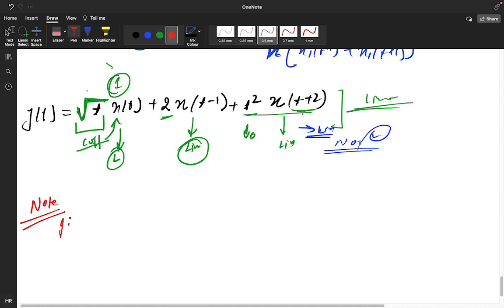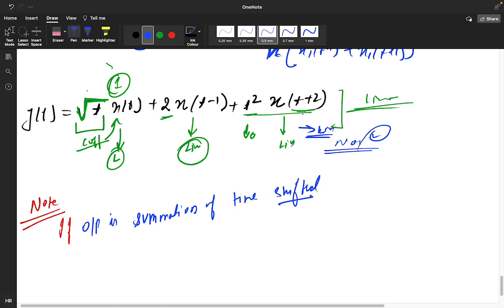Write the note point: if the output is a summation of time-shifted terms of the input, then the system will be linear only.